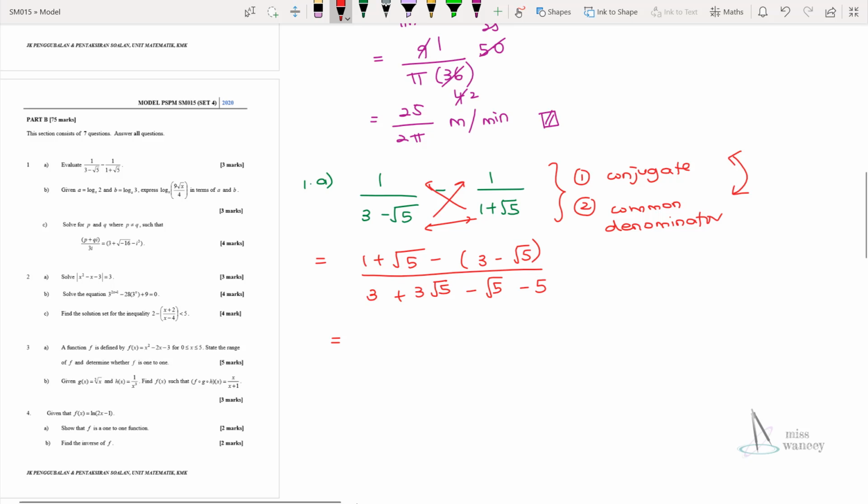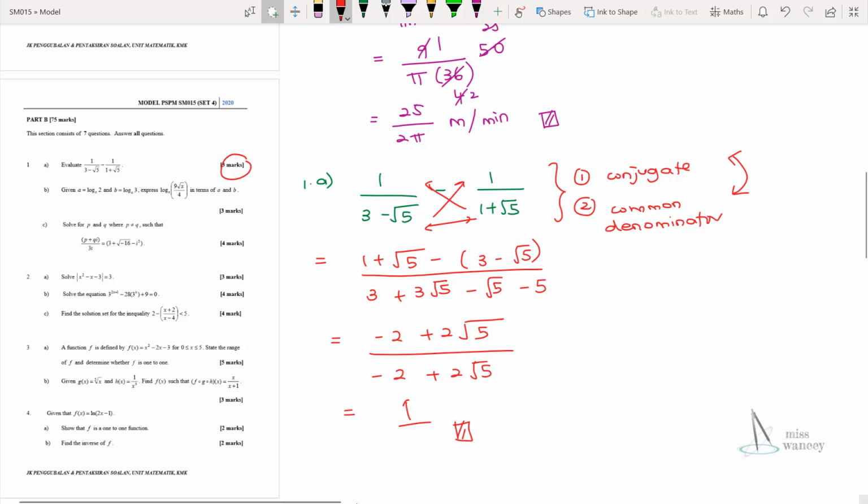So in the numerator, 1 minus 3 is negative 2, root 5 plus root 5 is 2 root 5. In the denominator, 3 minus 5 is negative 2, and then 3 root 5 minus root 5 becomes 2 root 5. But they are actually equal, so I don't really need to multiply with the conjugate. I can cancel those two out, so it will simply become 1. That's the reason why we only have 3 marks for this. It's supposed to be quite easy. Okay, done.